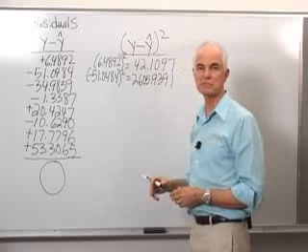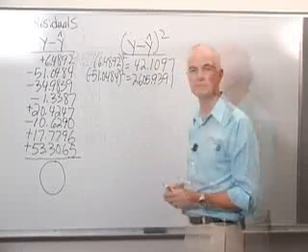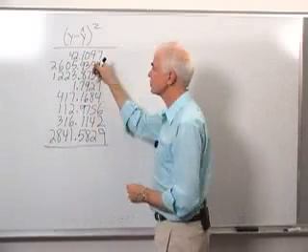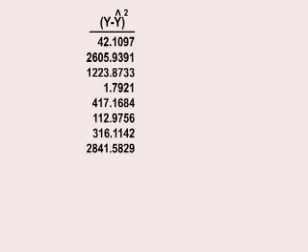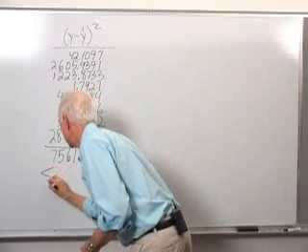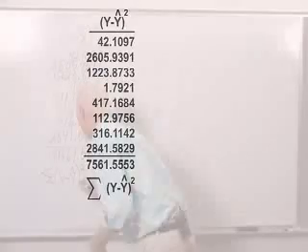We continue this process of squaring the residuals until we complete the column. So now we can total this column of squared residuals or squared errors, and as a result we get the following value. This equals the sum of the squared residuals.